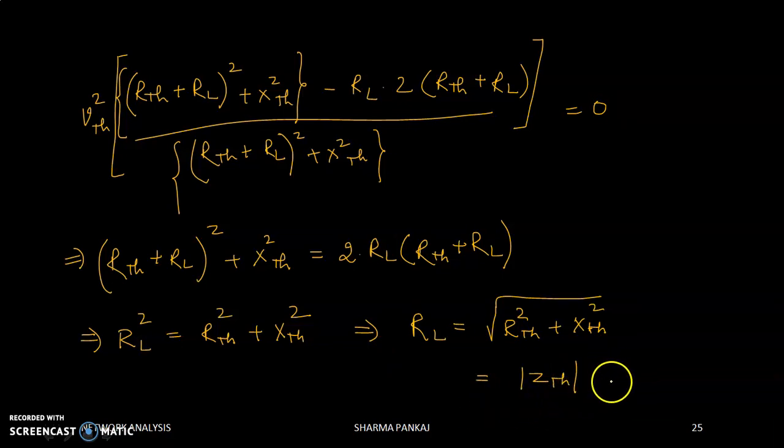So what we are going to have from this? The condition is the RL must be equal to absolute value of ZTH.